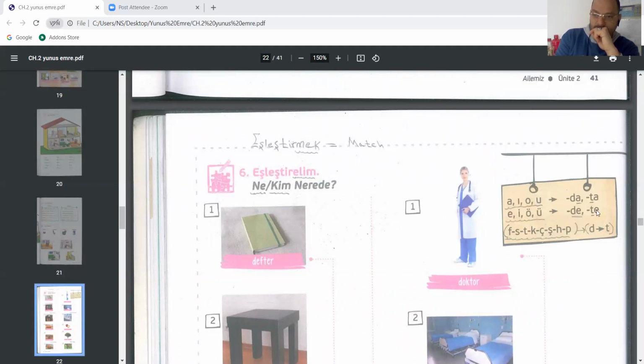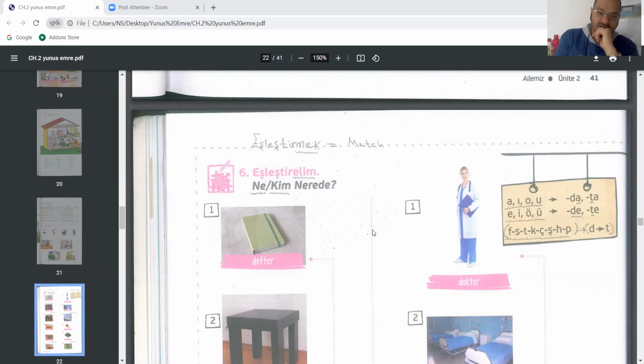Here, I explained it before, how we can put the in or at in English with many words in Turkish language. But here, if the word ends with one of these letters, after that we will put ta or te. What these letters are: fıstık çişip, to be ta or te.